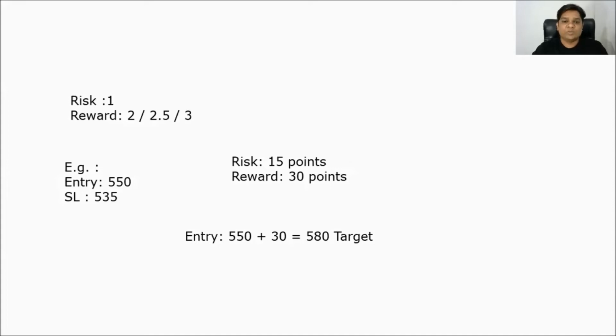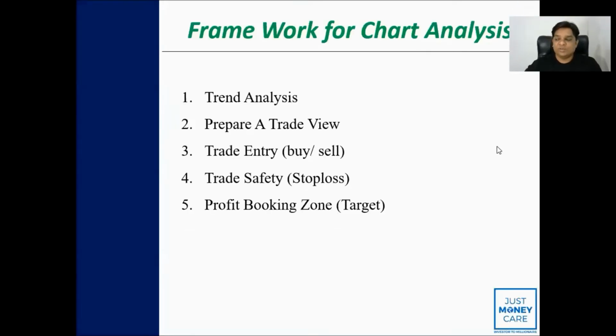That was the last point, the profit booking zone. So this is a simple five-step process to enter, to place a stop loss, and to book your profits. I am summarizing the framework again, so you can easily recall all the things.